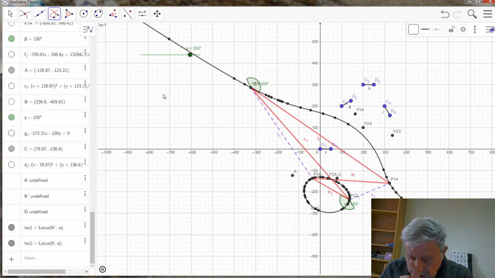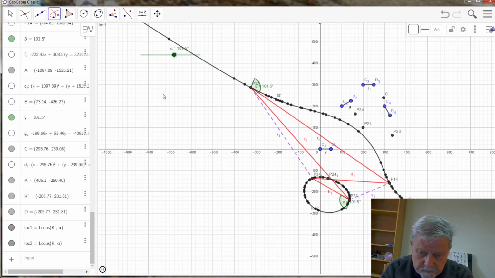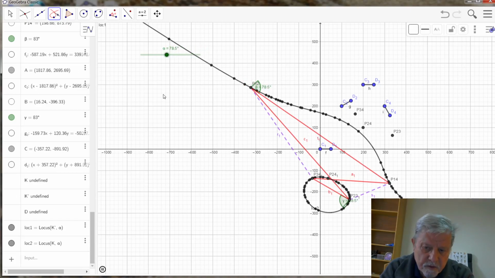For four points to lie in a circle, A1 must be on this curve.